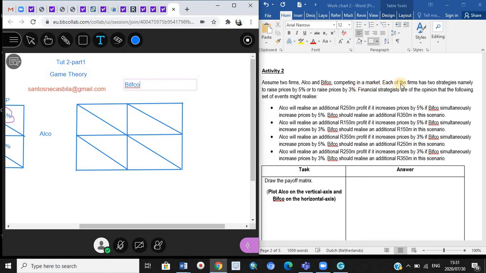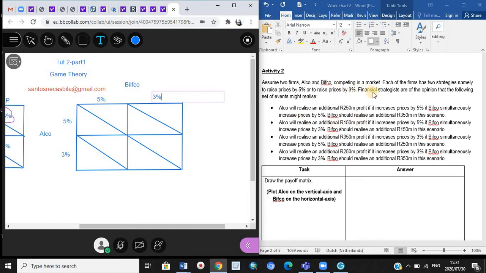Competing in a market, each of the firms has two strategies, namely to raise prices by 5% or to raise prices by 3%. So here, these are the strategies: 5%, 3%.